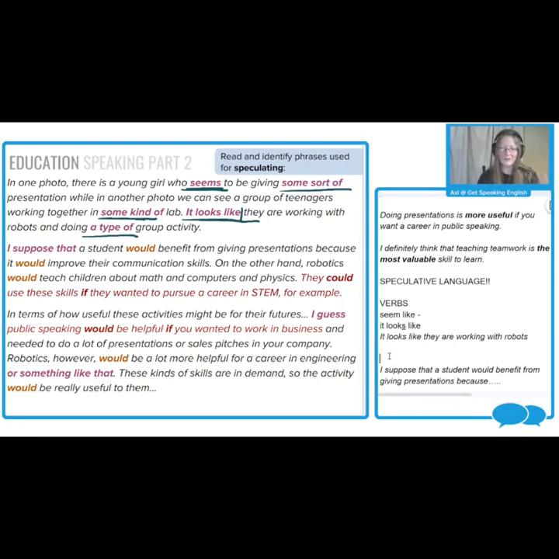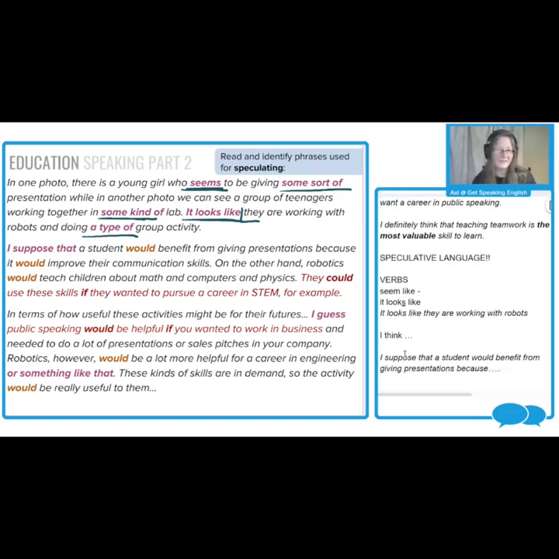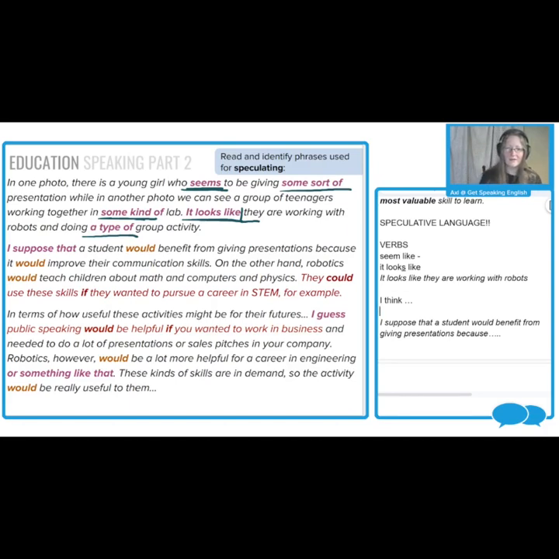Also some great alternatives to saying I think. So we might say I think a lot, but we have a couple other options in English as well. So we can see here, I suppose that, or I guess that. So I suppose that, and again, new clause, or I guess that.